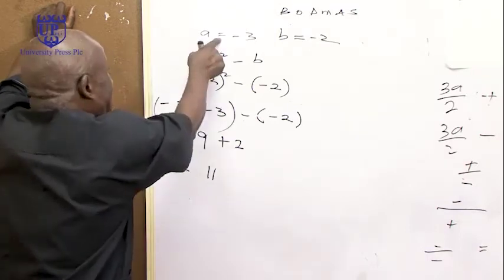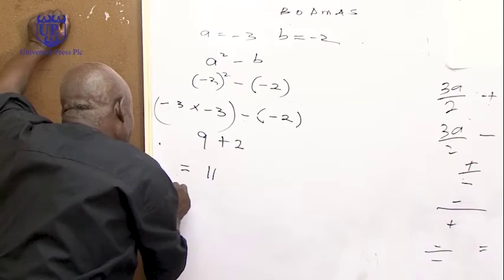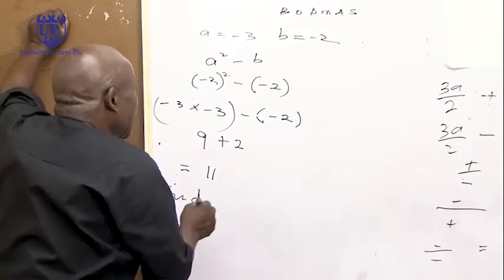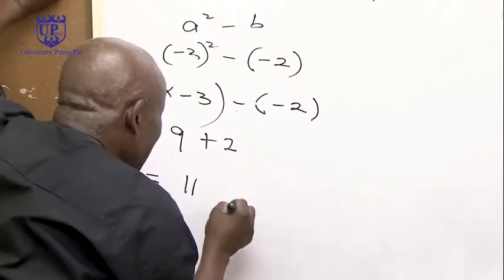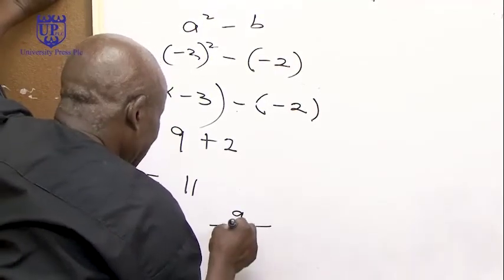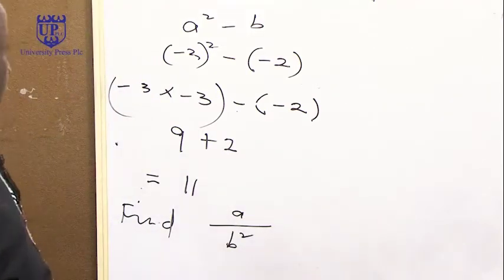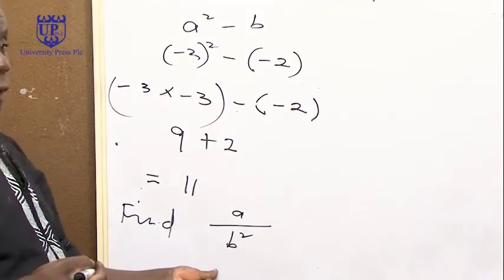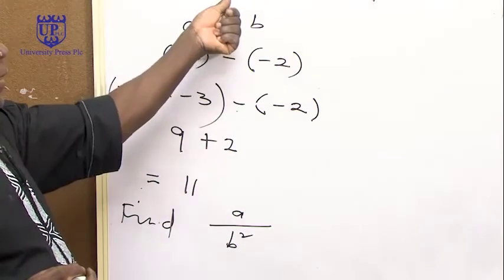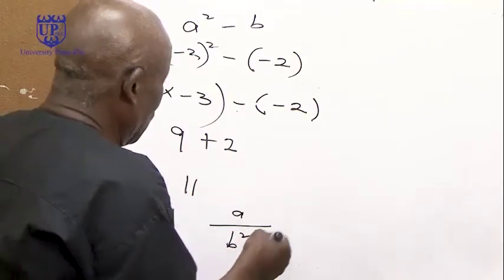Now look at this. I said a is minus 3, b is minus 2. If you are to find a all over b squared, a is given, b is given. As usual, substitute.